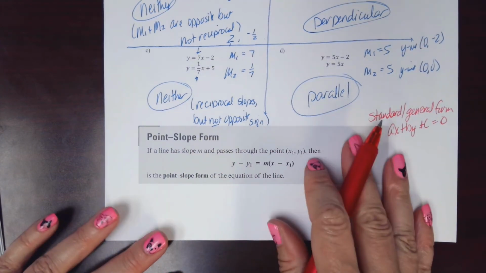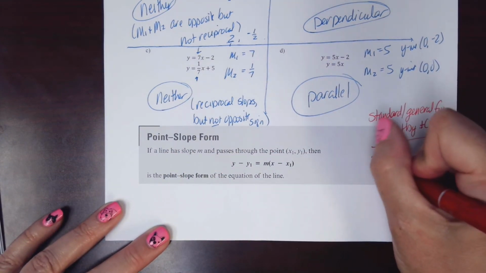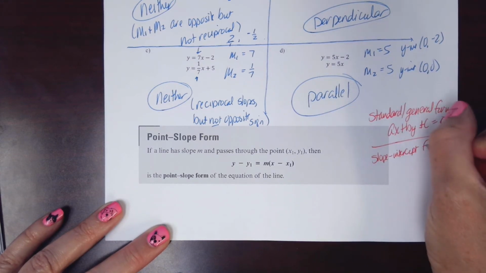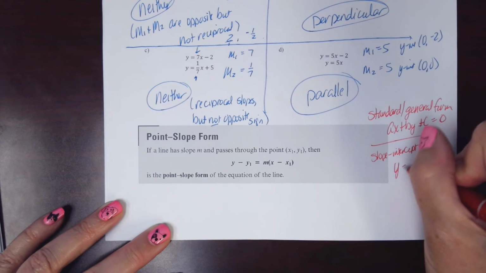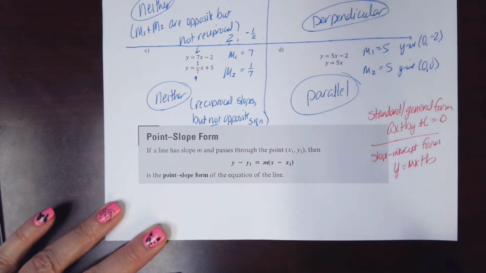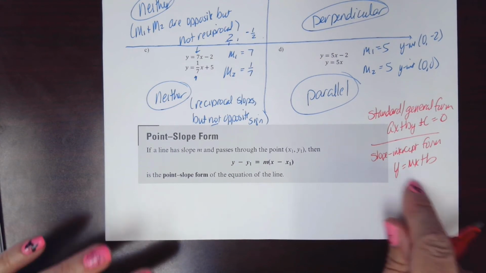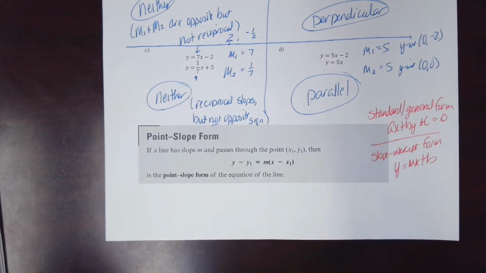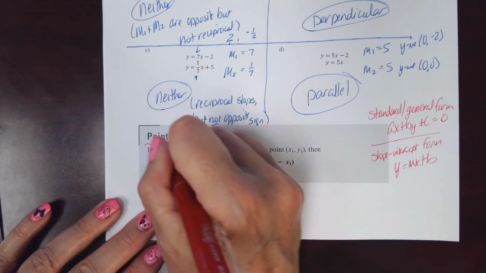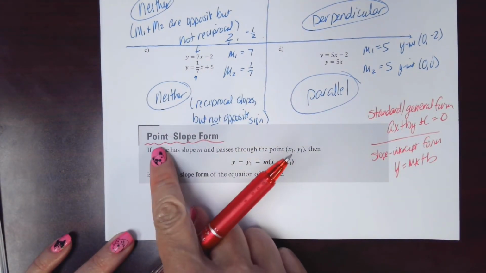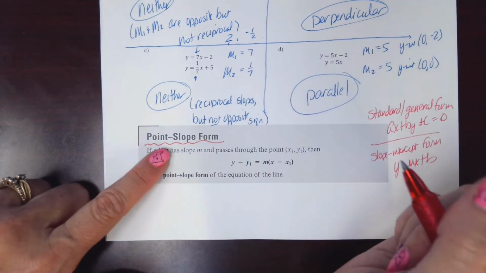We've got our slope-intercept form, which is the form that's most useful to us, y = mx + b, where we've solved for y. But what if all we have is points, maybe a slope and a random point, but we don't have an intercept? Well, that's when we use the point-slope form. We know a point, we know the slope, and the point can be any point, it doesn't have to be an intercept.